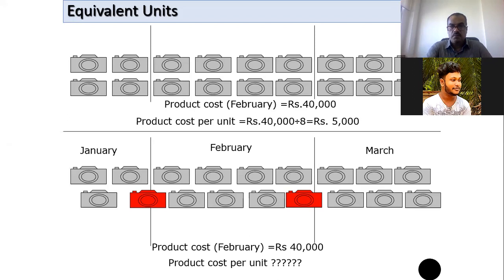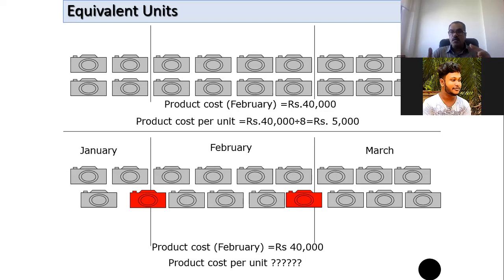Below, you see the same month, February, but you don't have 8 completed units. How many completed units are there? 1, 2, 3, 4, 7 units. So is it right for us to divide the total cost of 40,000 by 7 or something else? Why?